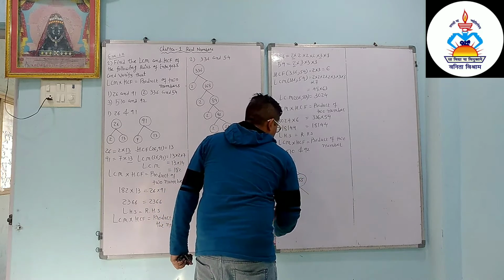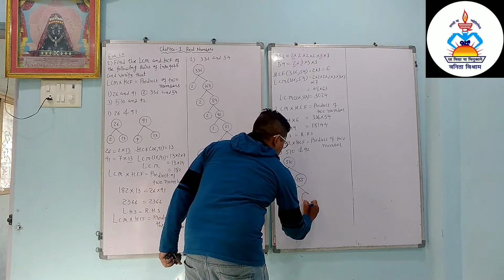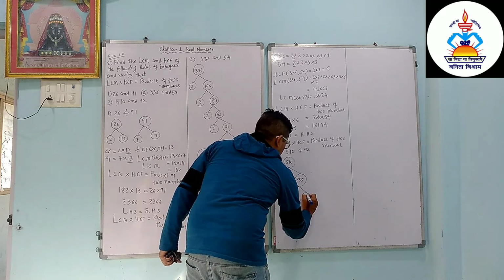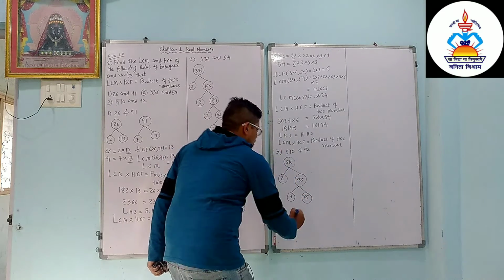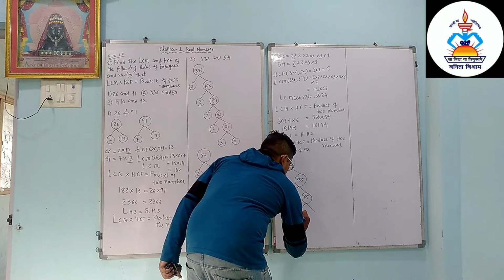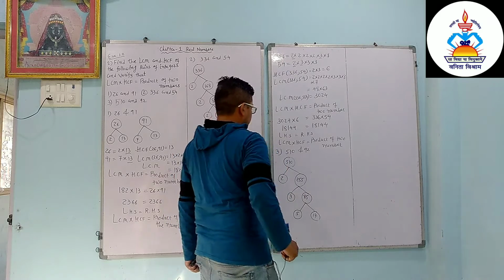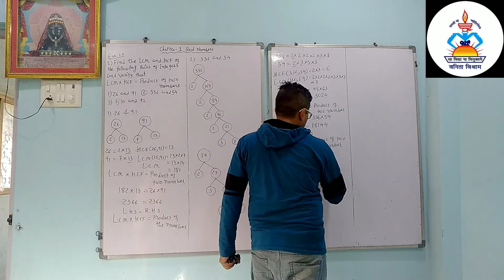Here its factor is divided by 3, 85 3s are. Again other factors we have, that is 5 and 17. Okay, these are enough. Now we will find for the 92.